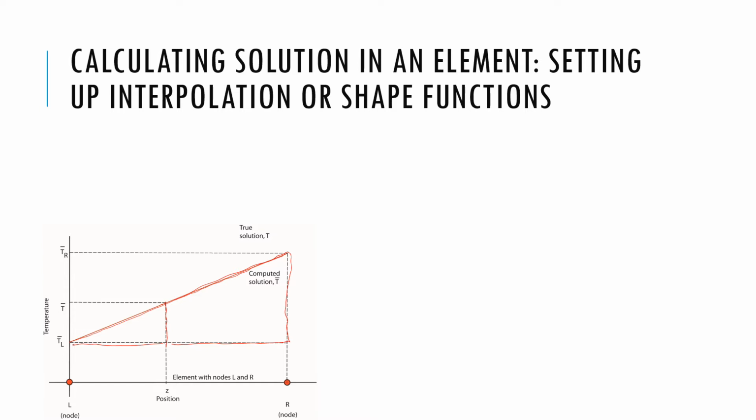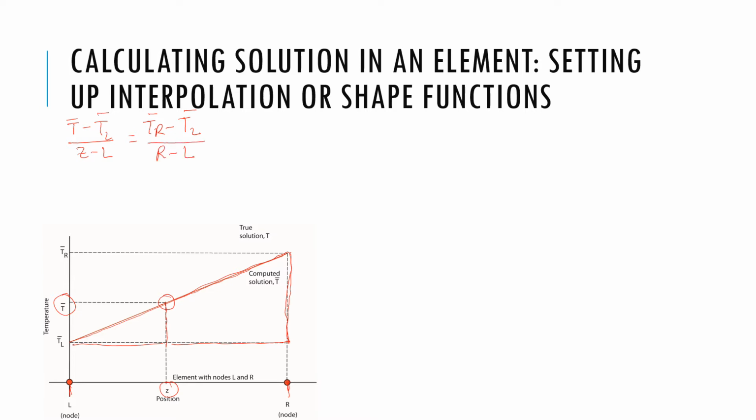I can write T bar minus TL bar, where T bar is any temperature at position Z, over Z minus L is equal to this part, which is TR bar minus TL bar over this total distance R minus L.